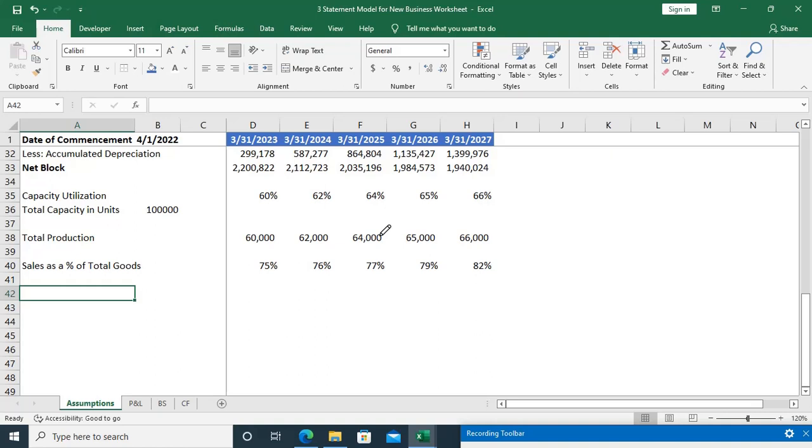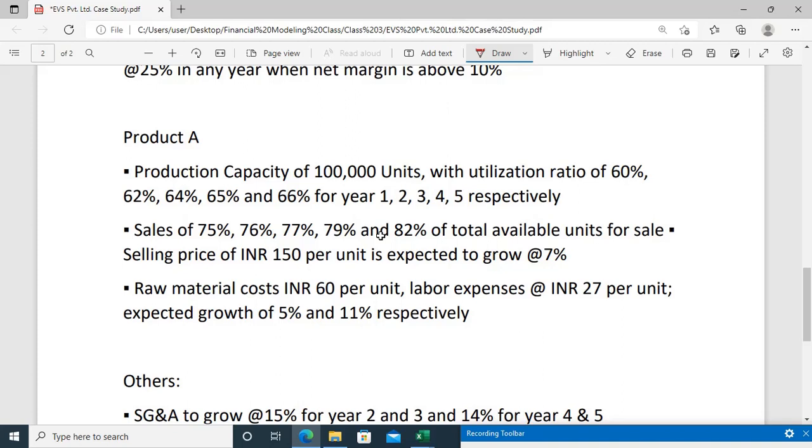And why is this so? Because I think that way it would be helpful for you guys to learn. Now we are completely done with this point. This percentages part we are done with, but we are still left with these things, this percentage, selling prices this much, expected to grow this much.